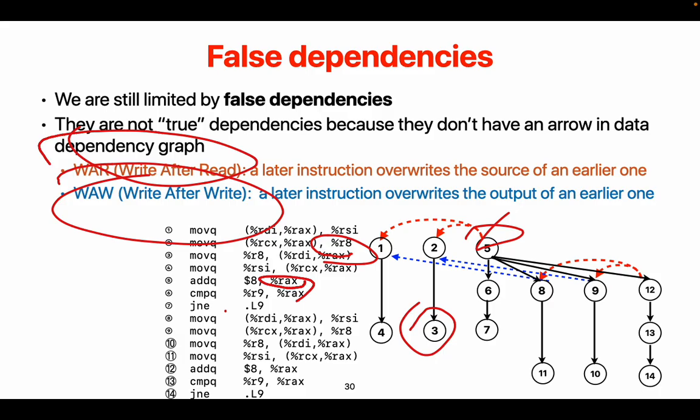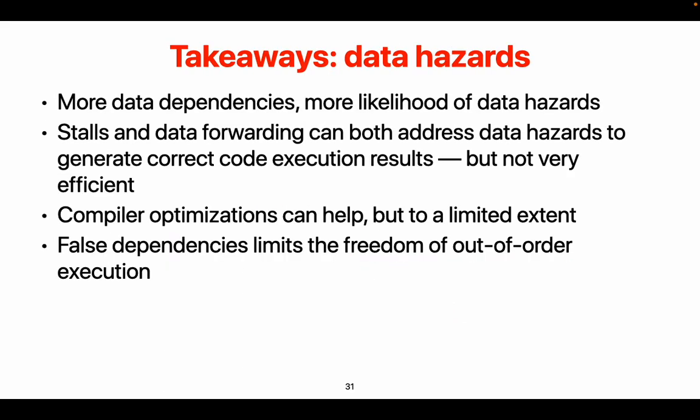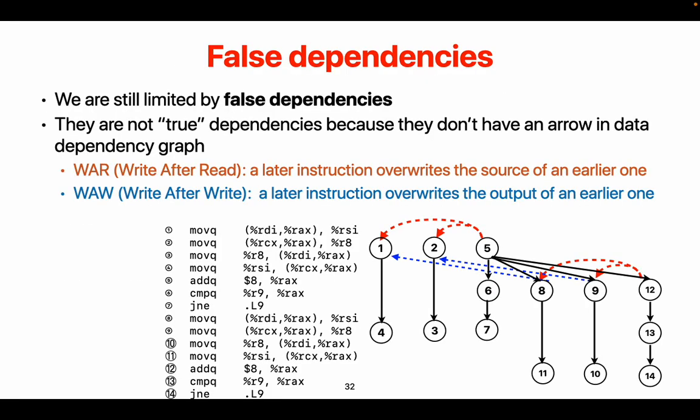So like instruction 9 and instruction 8, they cannot go before instruction 1 and 2 because you are going to destroy the value in RSI or R8, which instruction 3 and 4 may later need to use, right? So because of those, we cannot really reorder instructions as we want. It's because we have false dependencies limiting the freedom of reordering.